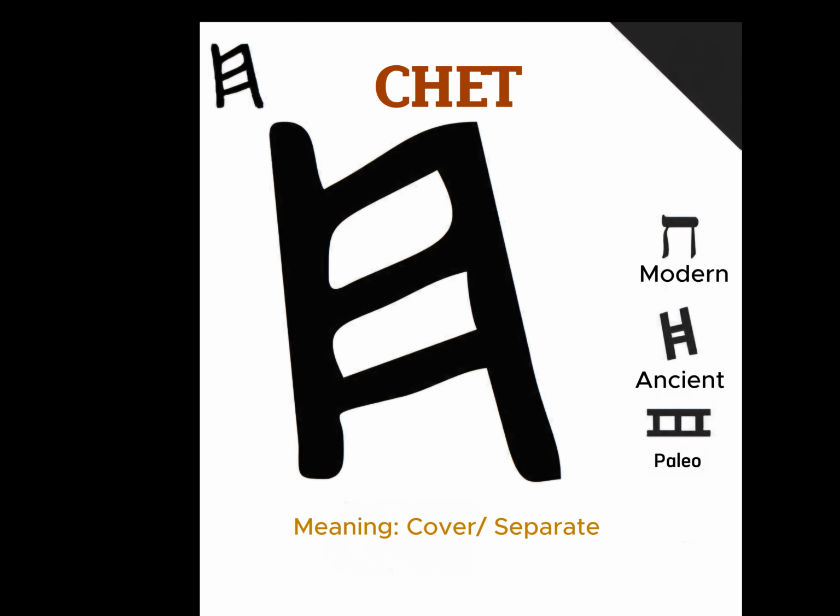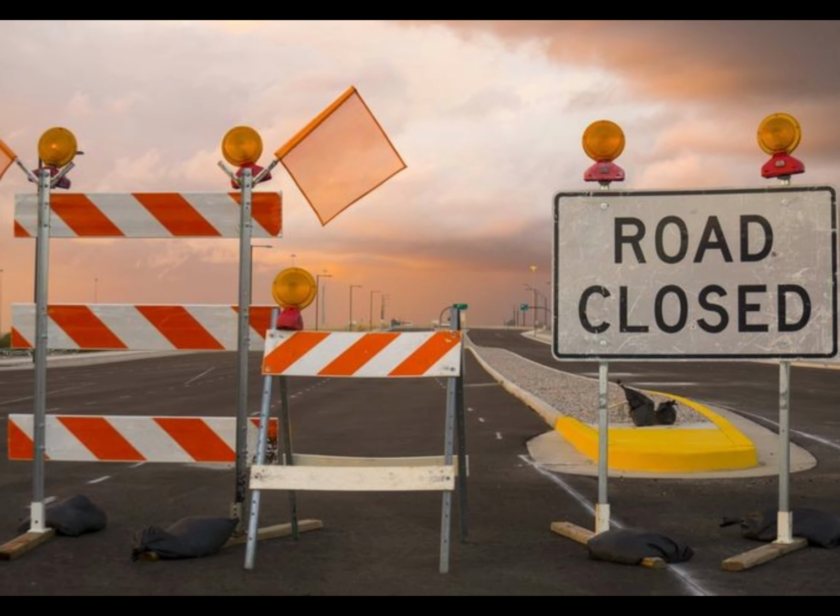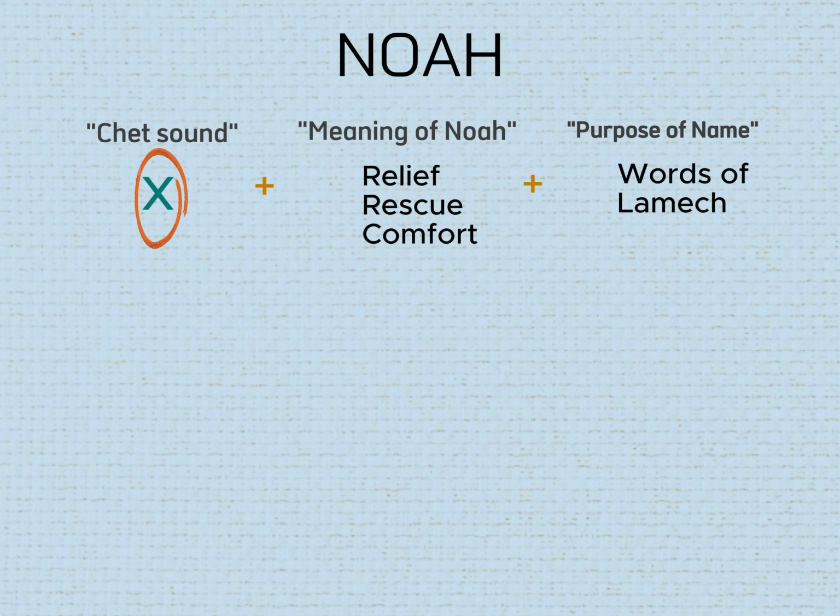The pictograph shows a barricade, which in every language is H. So we have Chemoa, which means barricade or block the road. Therefore, combining the actual sound for Shet, which is H, the original meaning of rest, comfort, or relief ascribed to the name, and the words of Lamech in naming his son, there are really few possibilities for Noah's actual Hebrew name.